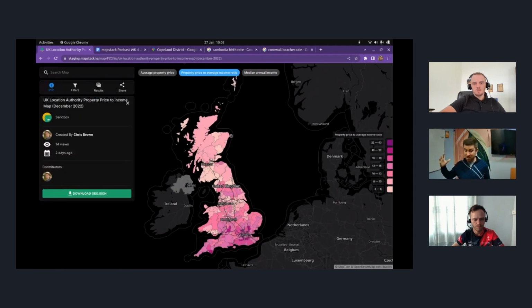Because the other problem we're trying to solve, and we know very clearly from Mango, is for people that aren't familiar with mapping and are outside of GIS, the process of finding the raw data on open data portals, like data.gov here in the UK, taking that data, preparing it, and then turning that into a map is a hard process. And most people who are not familiar with mapping can't do it.